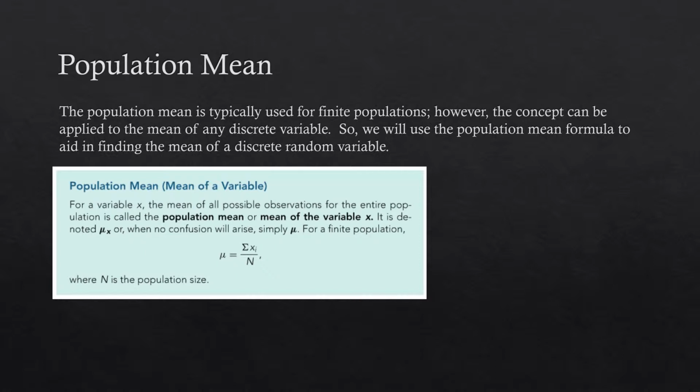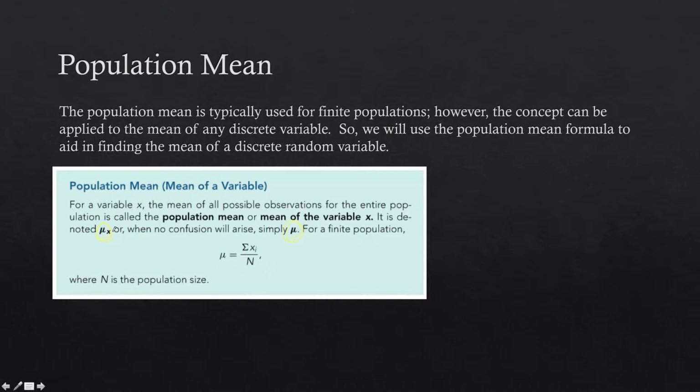So notice we're going to use the same formula, but instead of calling it just mu in this particular case, instead of the letter mu here, notice we call it mu sub x.